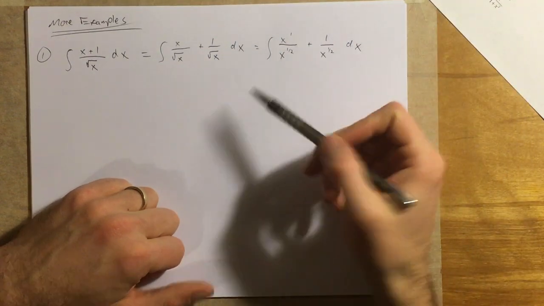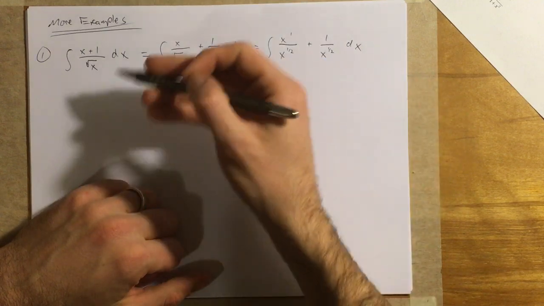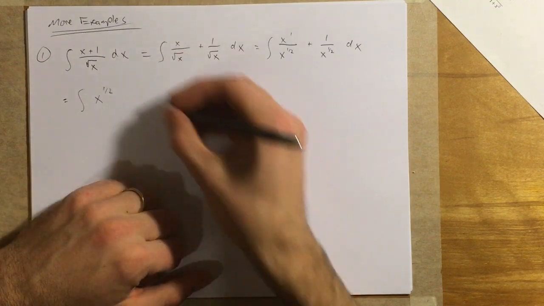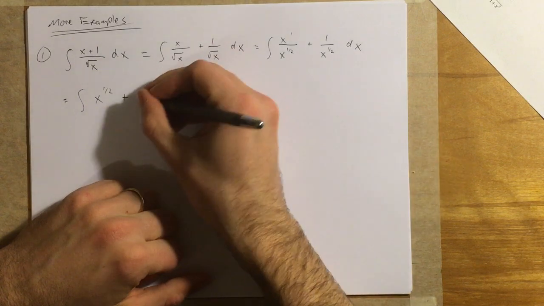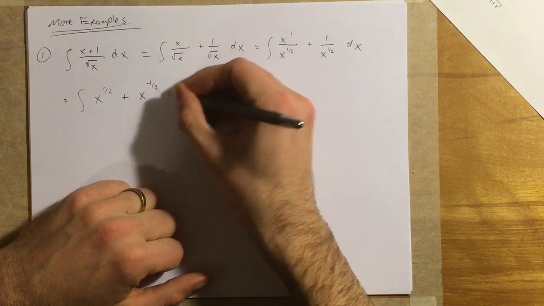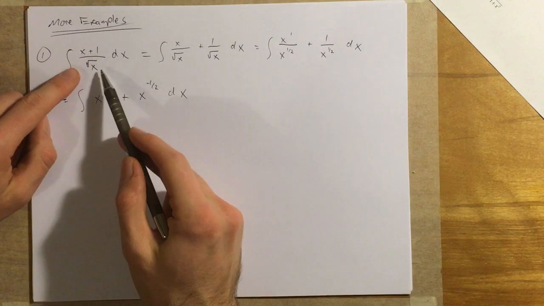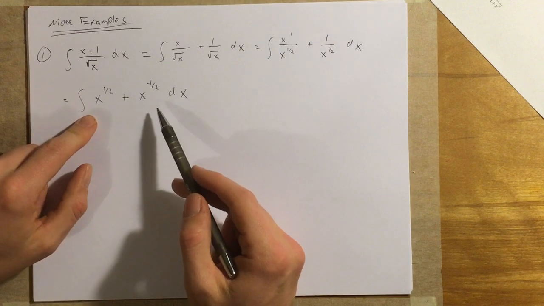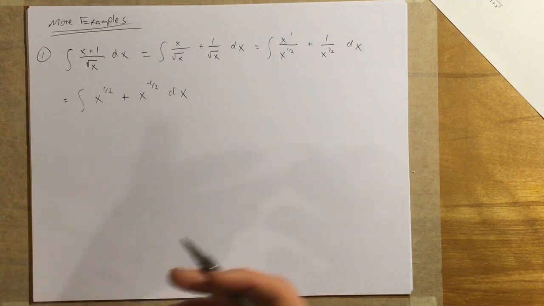For the first term, we can use the rule that says subtract the powers, 1 minus 1/2. So this is going to be the integral of x to the power 1/2, plus, the reciprocal of x to the 1/2 is x to the power negative 1/2. And there we go. We took what looked like a complicated quotient and simplified it into a sum of two power functions. Those are easy because you just do the inverse power rule on each of them.